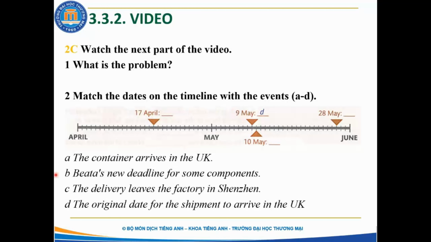Event B, Beata's new deadline for some components. C, the delivery leaves the factory in Shenzhen. And D, the original date for the shipment to arrive in the UK. So you see a timeline here again, and we see that the 9th of May has been done already. So this is the original date for the shipment to arrive in the UK.